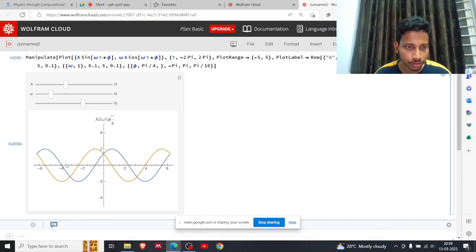Here you can see that these are the two graphs, where the first one is x, and the second one is x dot of t, that is the velocity. So these two have a phase difference of pi by 2.